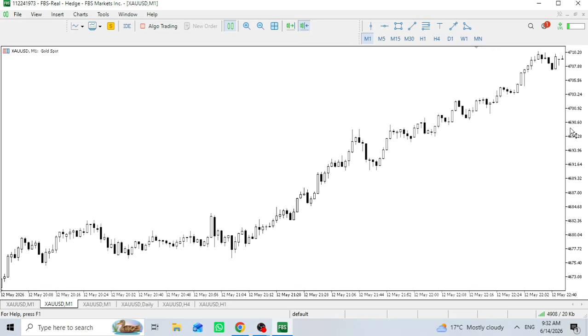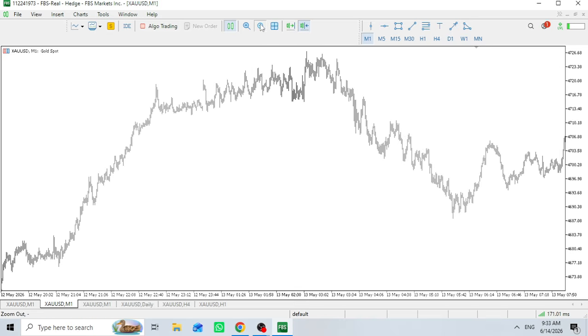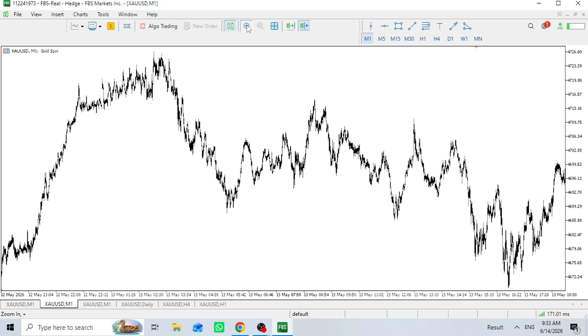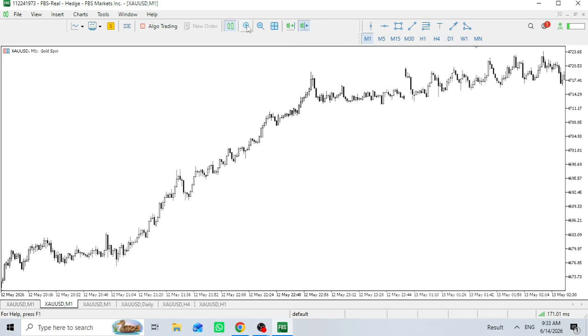So I was saying, in the charts, I'm seeing what? I'm seeing candles, I'm seeing time, and I'm seeing price.